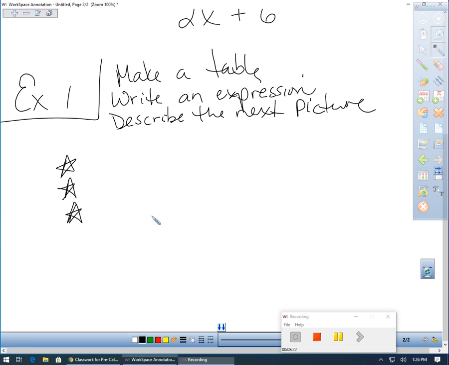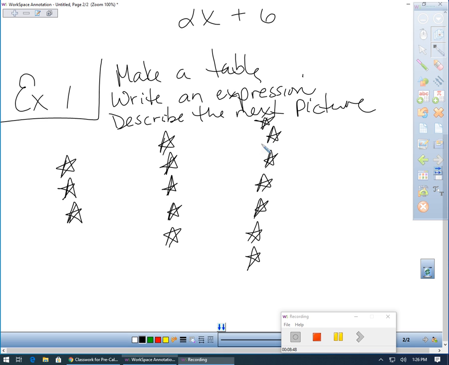Here is picture number 2. Picture number 3. Oops, I didn't quite squeeze in there. Okay. So, picture number 4. What would we actually be doing?